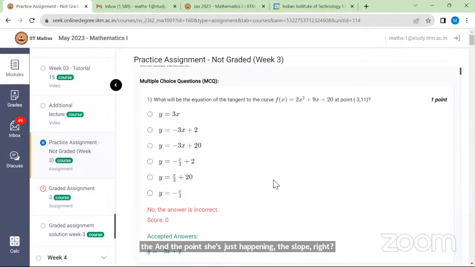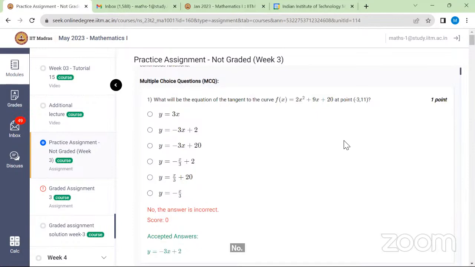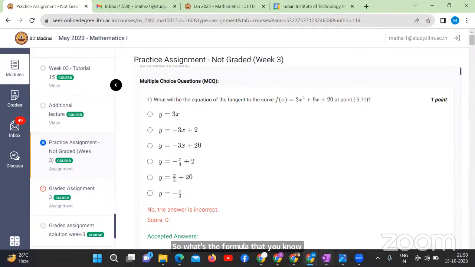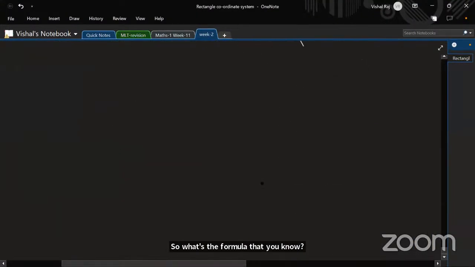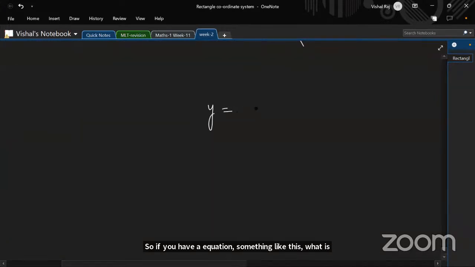Okay, so the first question, do I need to solve anything? No, sir. Just do the differentiation, put the value of this x. You just use the formula, whatever you know. So what's the formula that you know to calculate? If you have an equation something like this, what is y equal to?